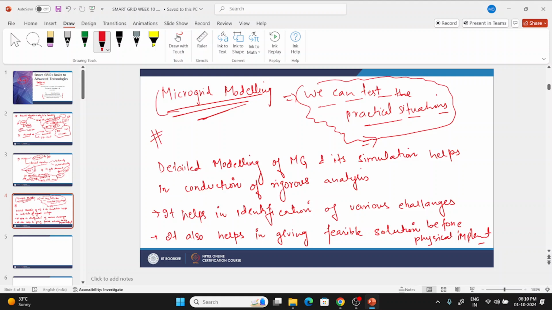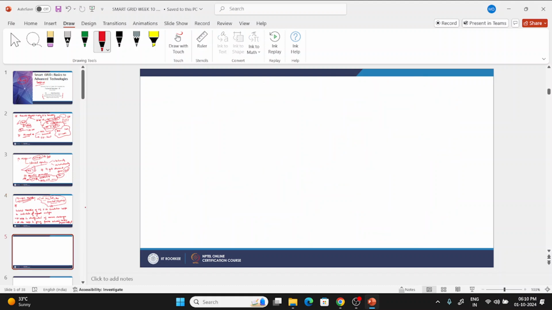How close we can model our microgrid to a real world situation, a real microgrid, will help in giving a more feasible, or I can say more practical solution. It will help us in cost also. Let's say I will give you an example. Let's say we do a physical implementation before any testing.